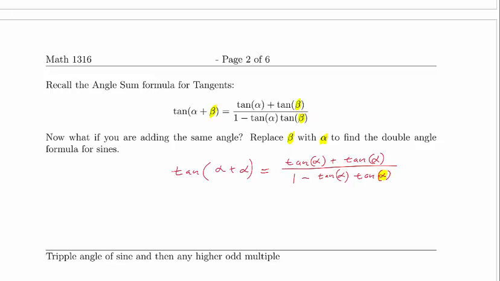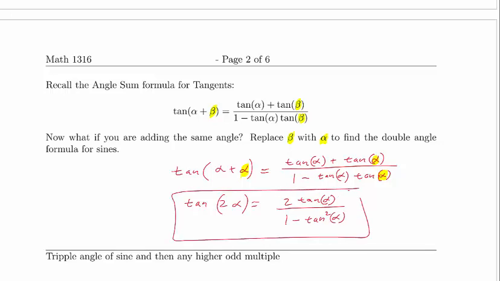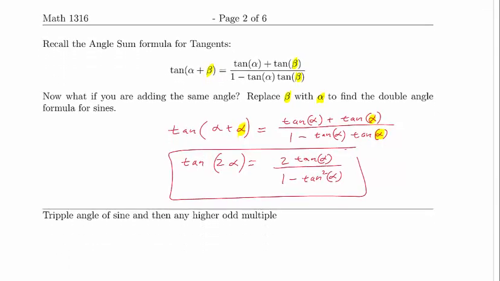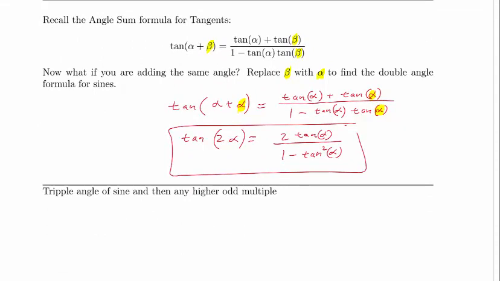Here are all of the substitutions that we made. And of course, this has the nice simplification of having 2 tan alpha on the top and 1 minus tan squared alpha on the bottom. That's our double angle formula for tangent. Alright, so let's go ahead and talk a little bit about the triple angle of sine.